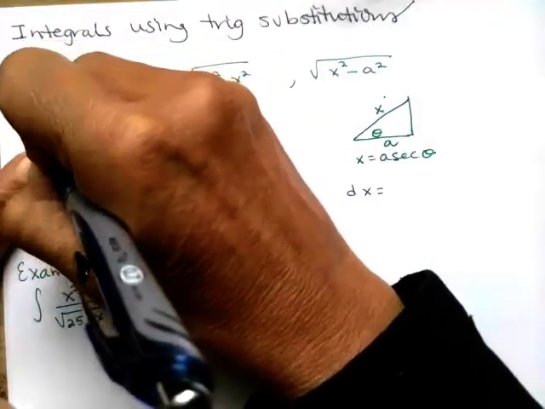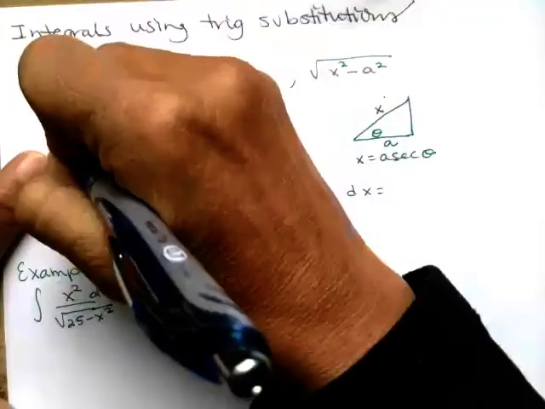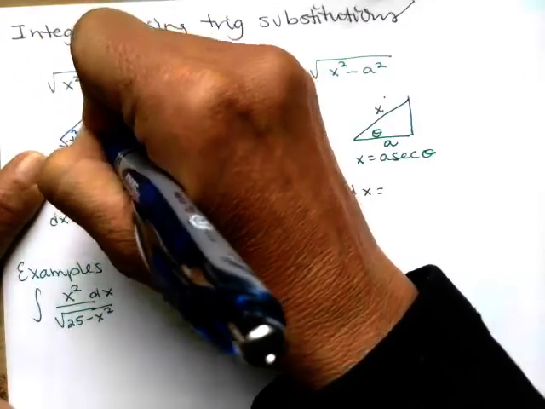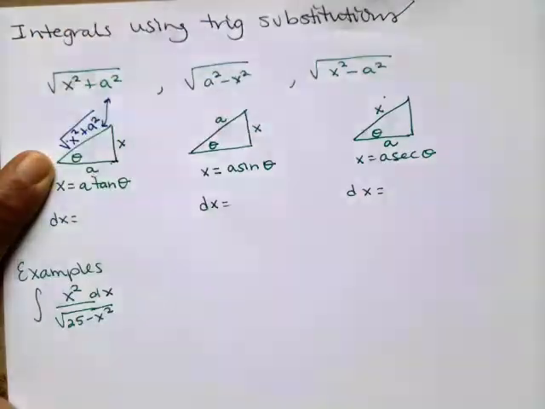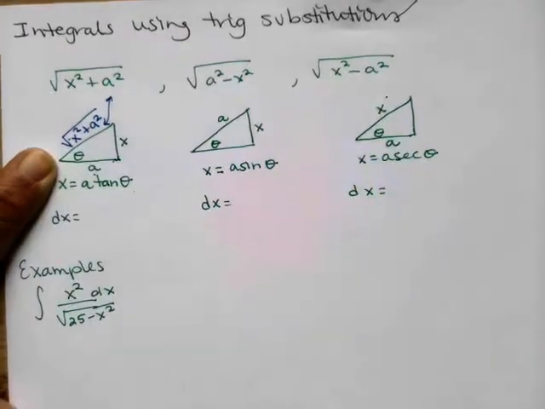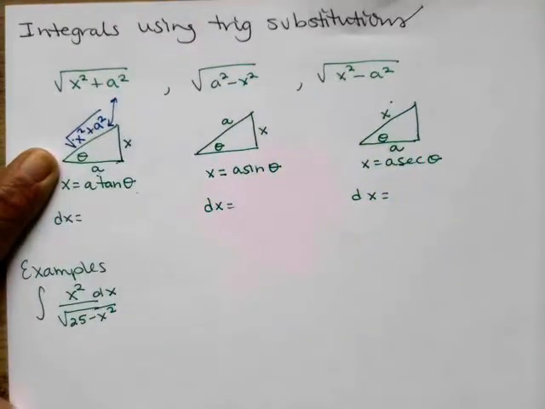Okay, so I have those sides labeled, and if I wanted that third side, Pythagorean theorem would tell us that it's the square root of x squared plus a squared, right? So you should always, that missing side should relate to the form that we're using to substitute.